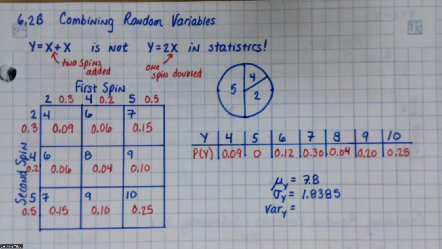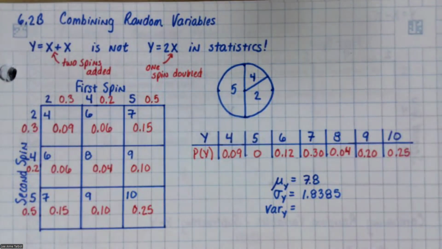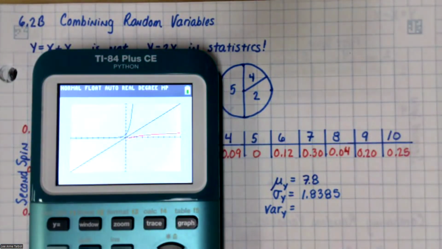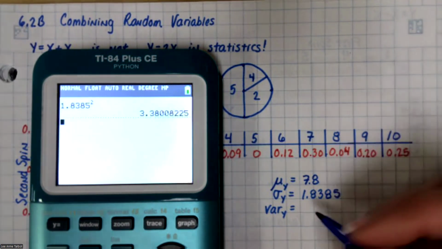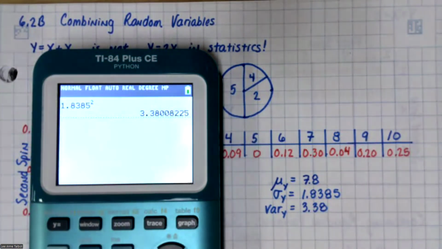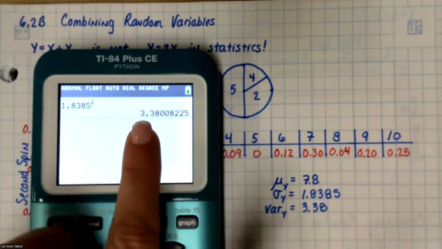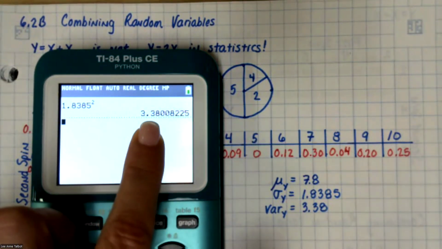There's a reason I'm gonna go there. Just hold on that thought. Okay, and then variance. $3.38. Okay. I wanted to go out this far so that this 3.38 would come out as evenly as possible.